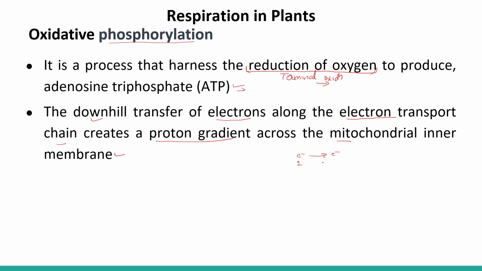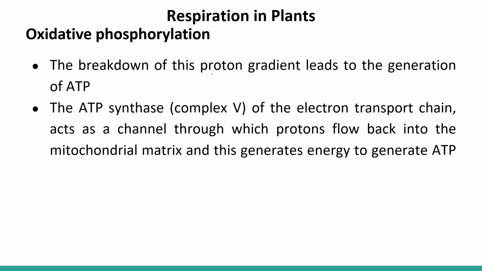There is a transfer of electrons from a molecule with low redox potential to a molecule with high redox potential. During this electron transfer, a proton gradient is created across the mitochondrial inner membrane, and the breakdown of this proton gradient leads to the generation of ATP.